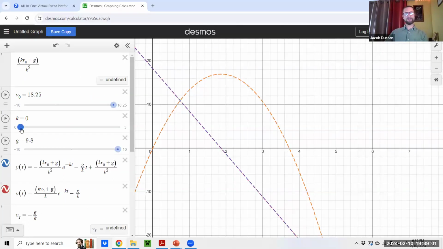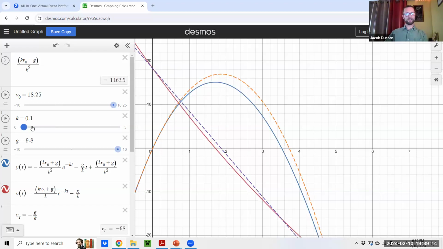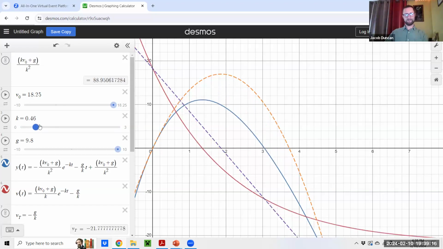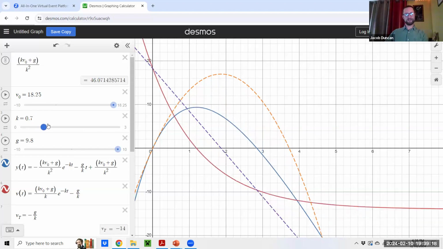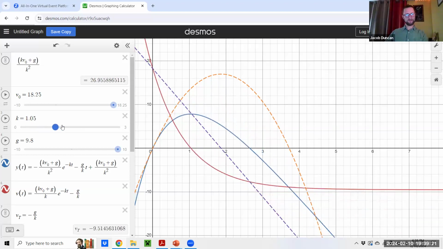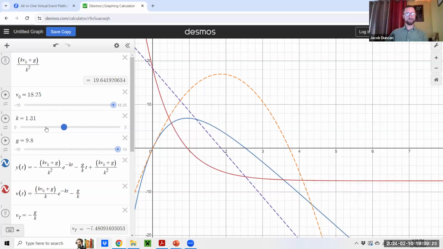When k is 0, you essentially have the standard model with no air resistance, just a parabola, quadratic model for the height, straight line for velocity. But then as you increase the drag parameter, you can see how the velocity curve changes and how the height curve changes relative to the no air resistance model.